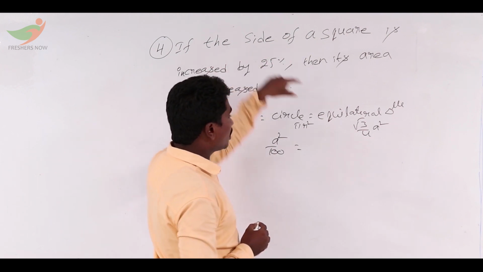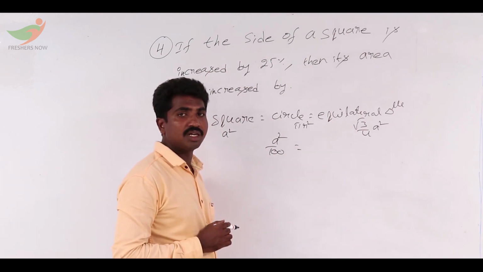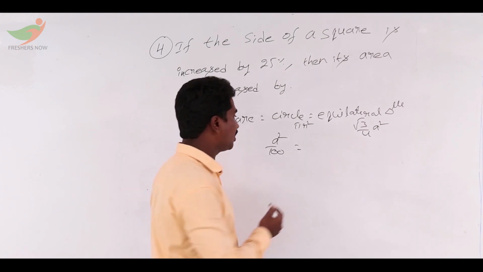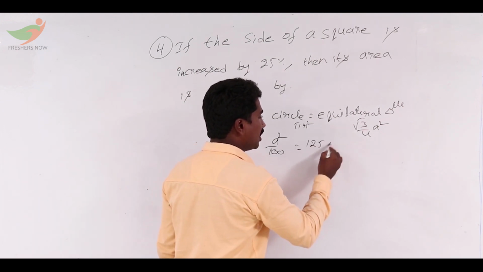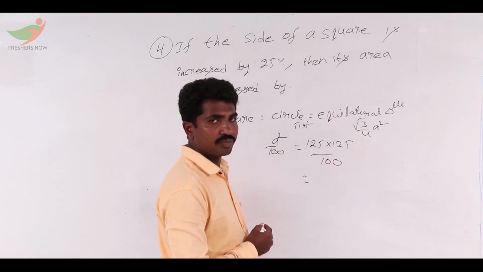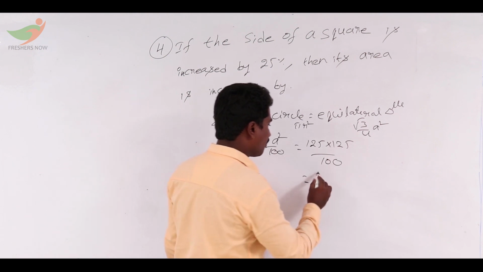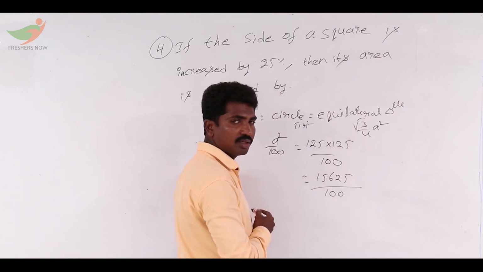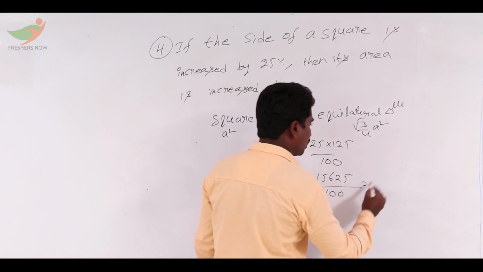It is increased by 25%. Initially 100%. The side is 25% increased: 100 plus 25 is 125. So 125 into 125 by 100. 125 squared is 15625 by 100. Put a point after 2 digits from the right.